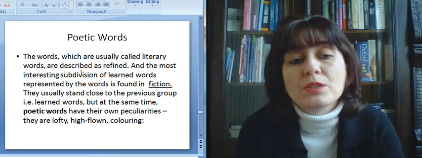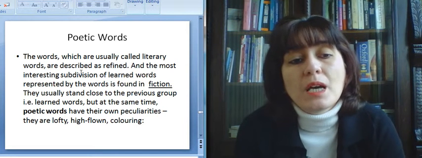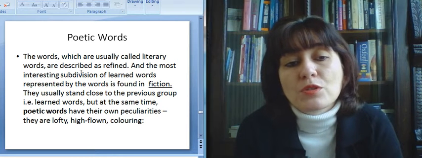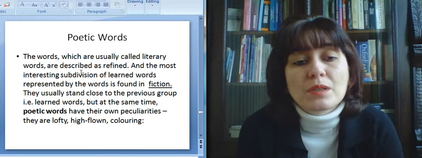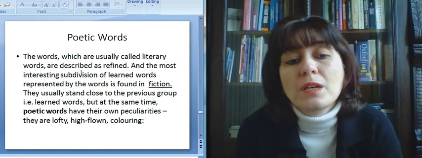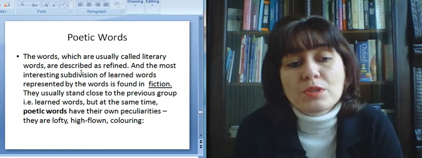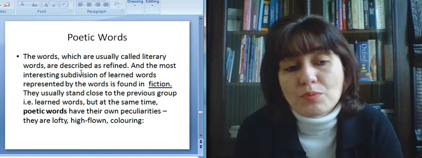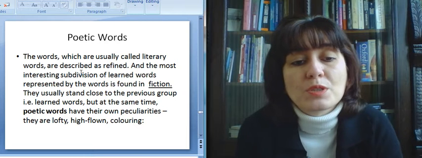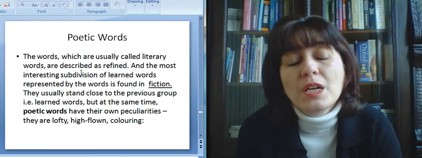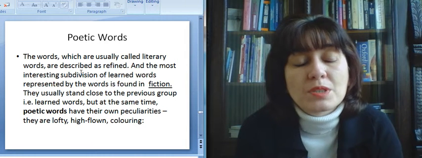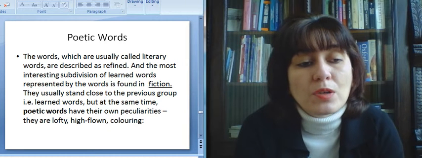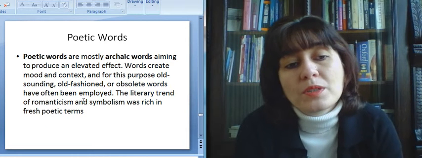We mentioned poetic words, and we said that the words which are usually called literary words are described as refined. And the most interesting subdivision of learned words represented by the words is found in fiction. They usually stand close to the previous group, in other words, learned words, but at the same time, poetic words have their own peculiarities.